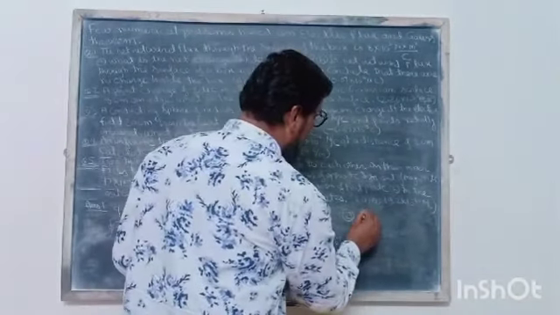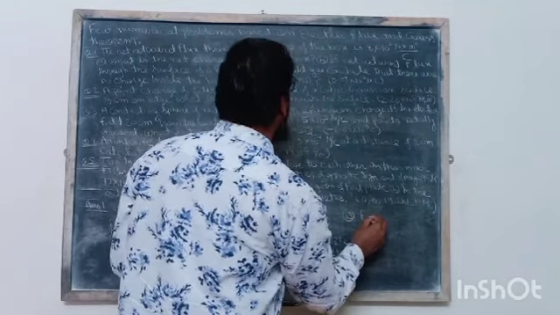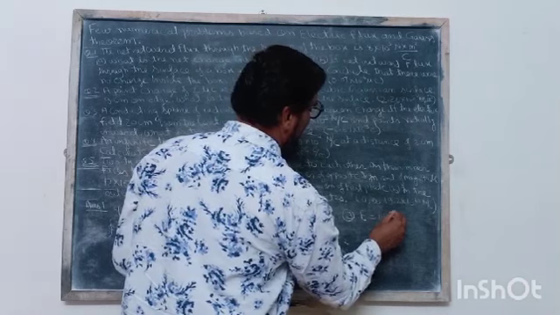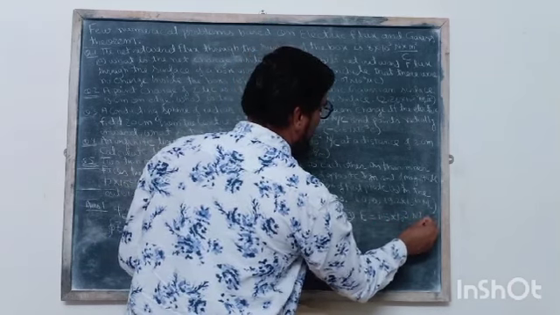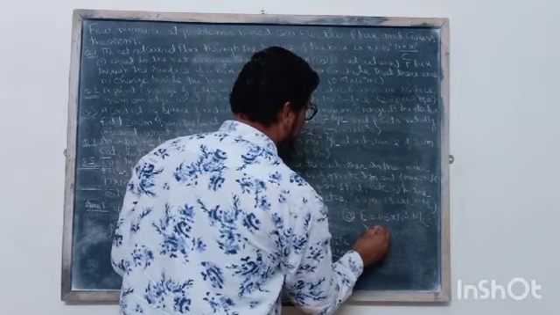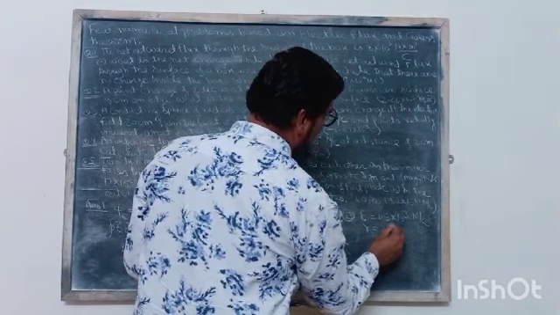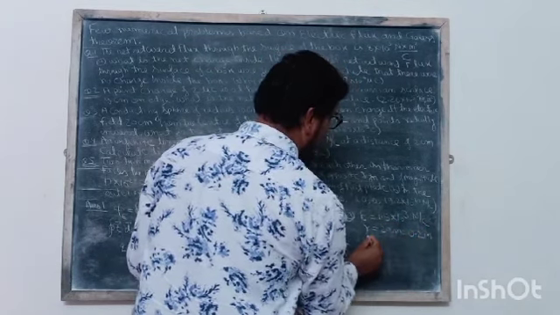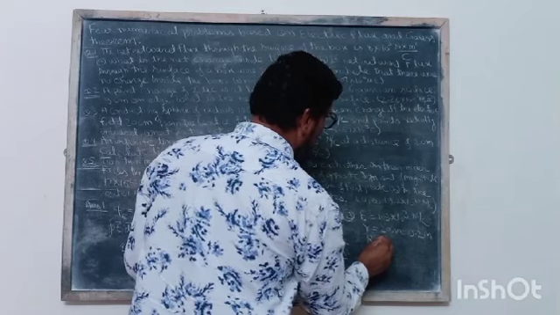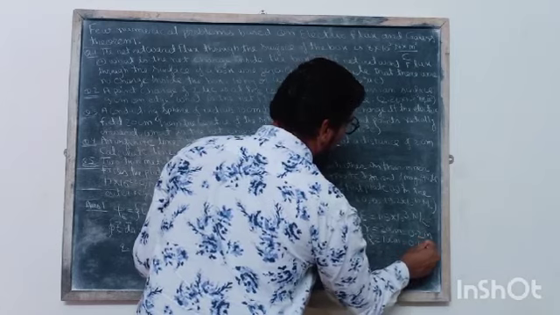We know that the electric field intensity at a distance of 20 centimeter is 1.5 into 10 raised to the power 3 Newton per Coulomb, and the distance small r is 20 centimeter, which means 0.2 meter, and the radius of the sphere is 10 centimeter, which means 0.1 meter.